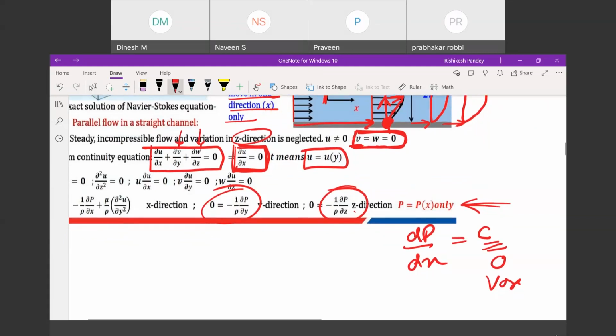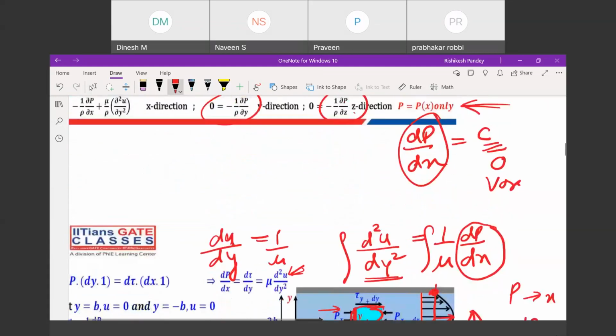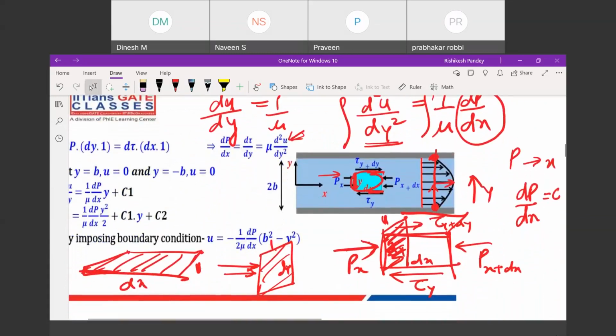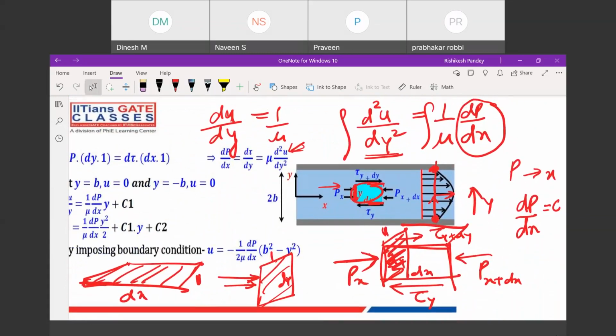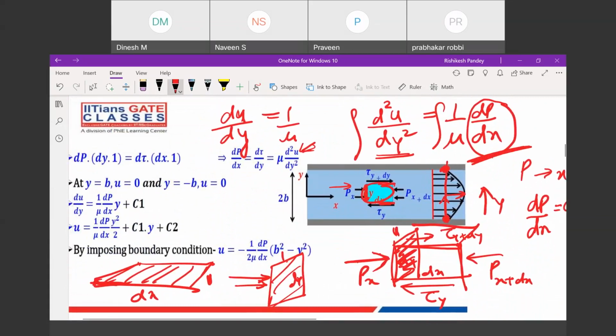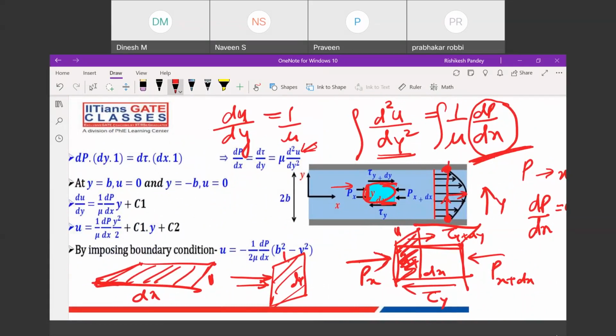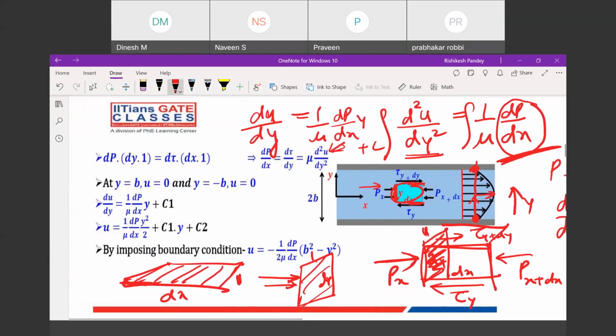The moment we consider the pressure gradient as constant in fluid flow between two parallel plates, we can treat this particular term as constant. Then we'll get 1 by mu dp by dx, multiplied by y because everything is constant, and then plus 1 constant because this is an indefinite integral.